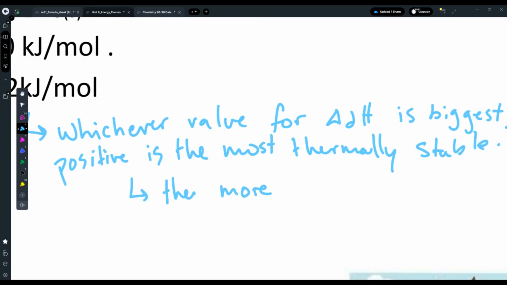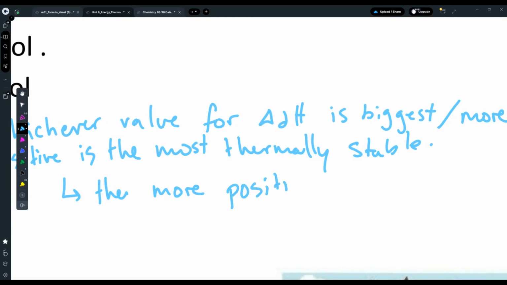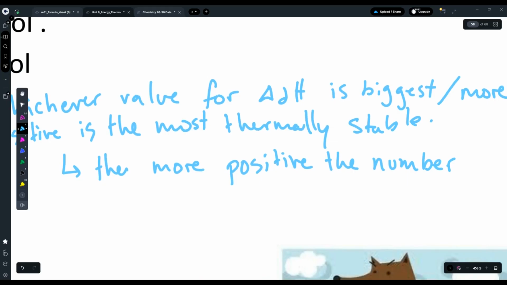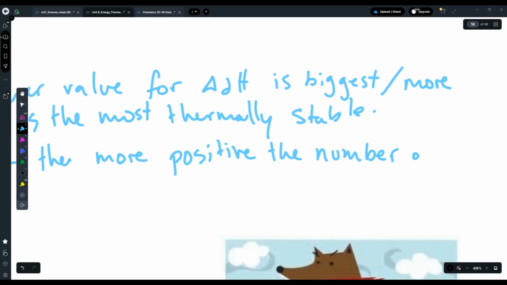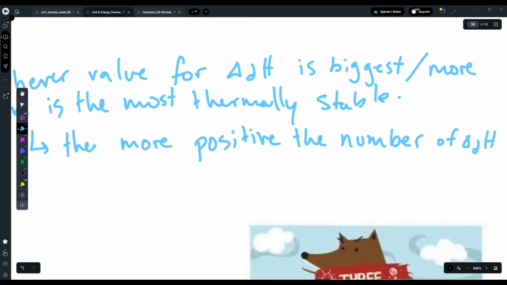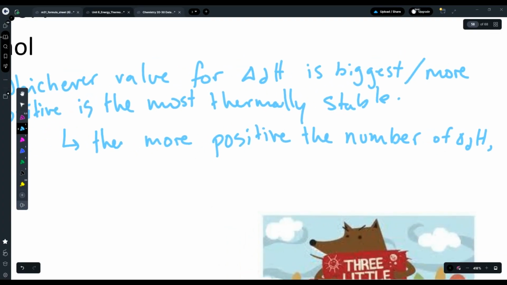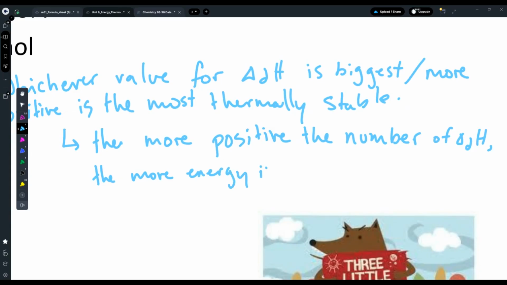The more positive the number, what that means is that the more positive the number is, the more energy you need in order to break the compound down. So the more positive the number of molar enthalpy of decomposition, the more energy is required to break that substance down or to decompose it.